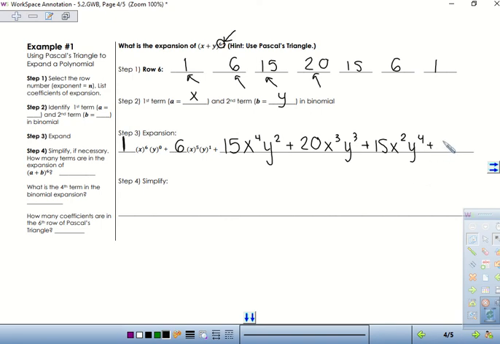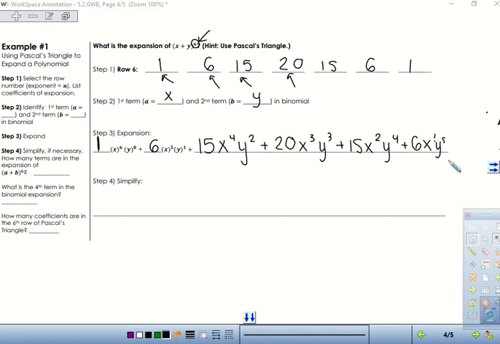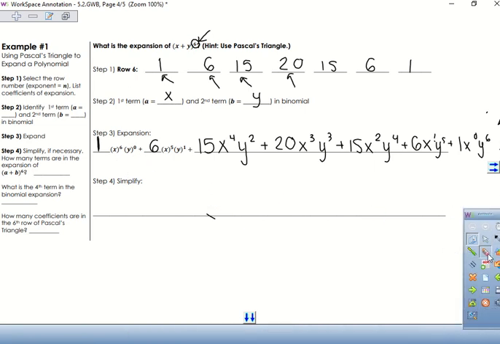Next one's going to be x to the 1st, y to the 5th. Good. And the next one's going to be x to the 0, y to the 6. So you're going to notice these reverse. Whatever we started with, x to the 6, y to the 0, we end with x to the 0, y to the 6.